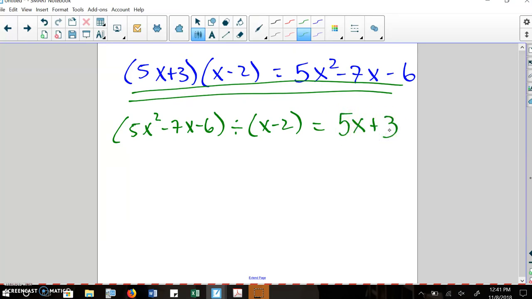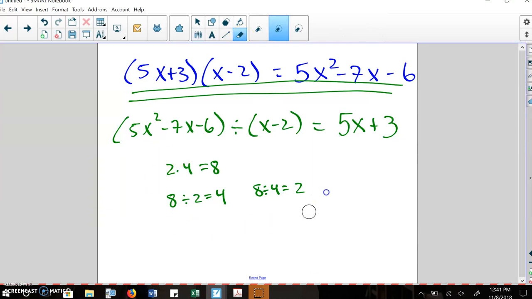Similar to if I told you that 2 times 4 was equal to 8, then if you took 8 and divided it by 2, you should get exactly 4. Or if you took 8 and divided it by 4, you should get 2. It's the same kind of thing going on here, except this time we're working with polynomials.